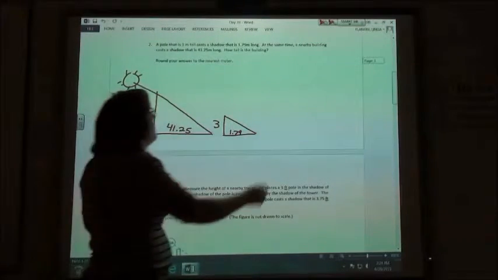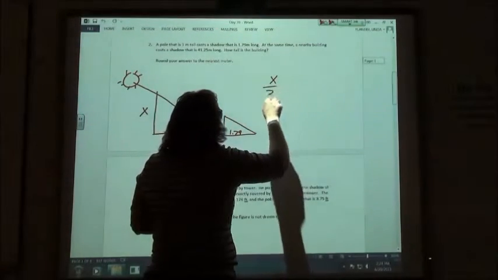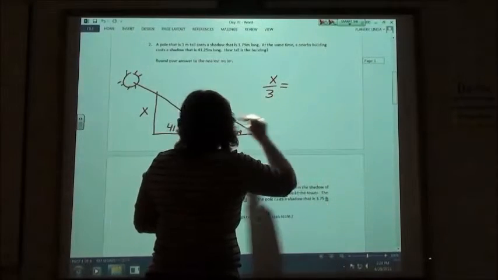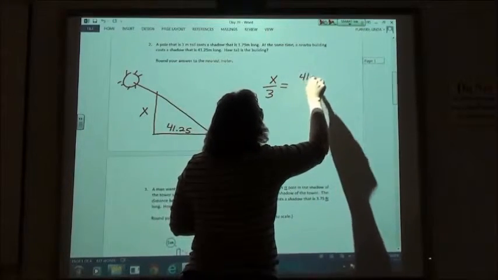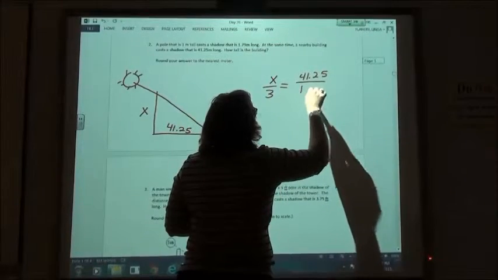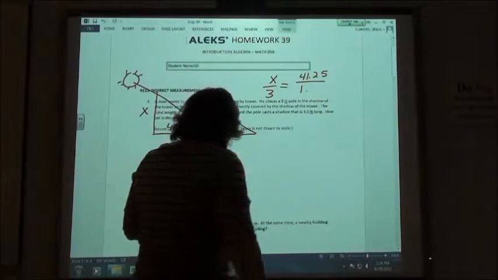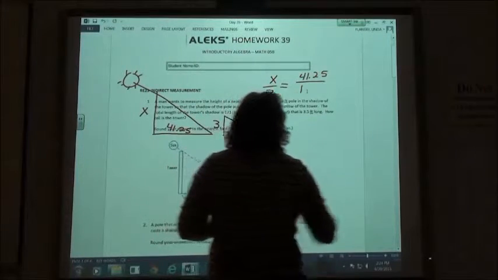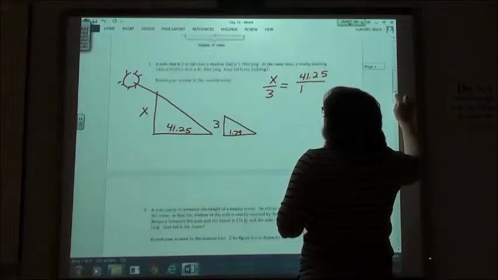So again, setting up my proportion, x over 3 is going to equal 41.25 over 1.79. Whoa, my board's going crazy on me. Let me move it back to where it belongs.